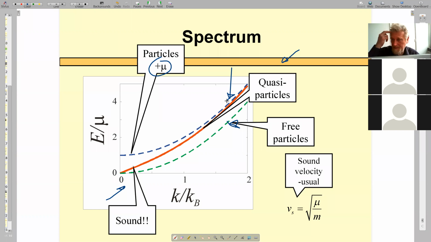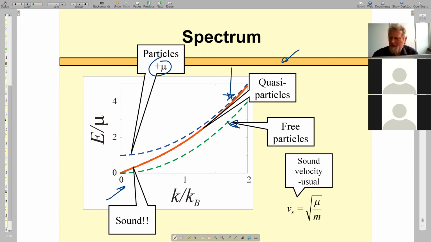So here, quasi-particles are in fact usual helium atoms. I just have one atom more in a certain region of space that makes it a quasi-particle. It feels the interaction of all other atoms. That's why its energy is a bit elevated.